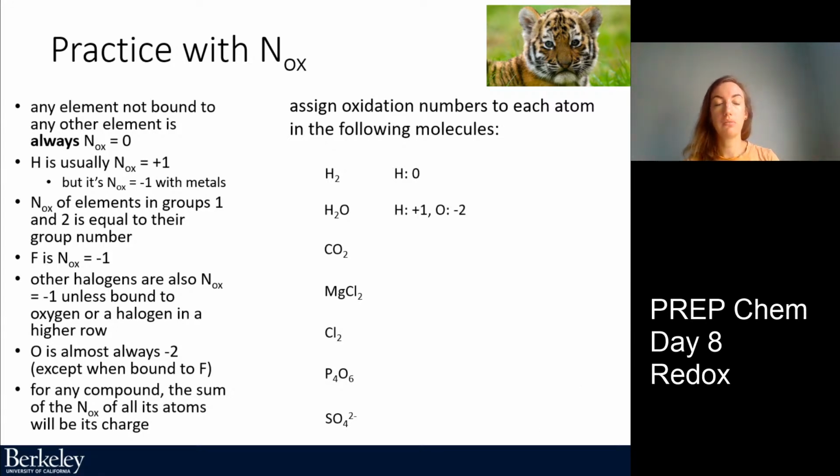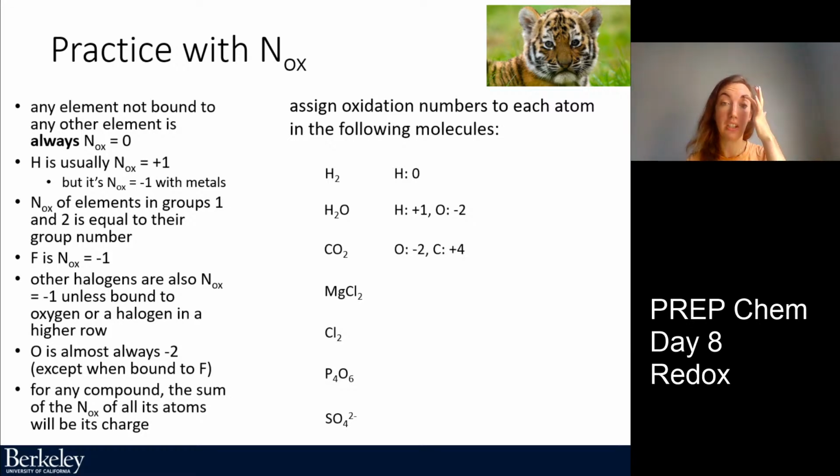For H2O, we can use both the hydrogen and the oxygen rules. So hydrogen will be +1 and oxygen will be -2. Based on that last rule, we need 2 times +1 plus 1 oxygen, where the oxidation number is -2, to equal 0. So 1 plus 1 minus 2 equals 0.